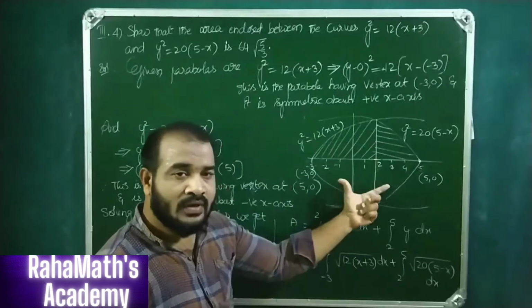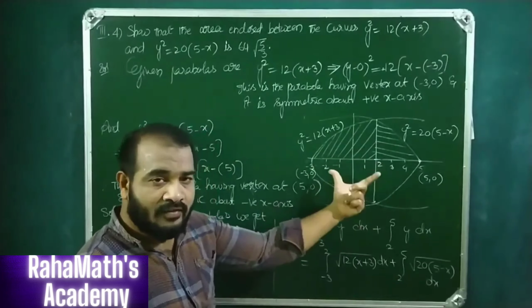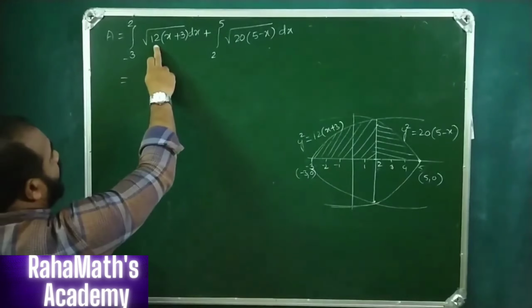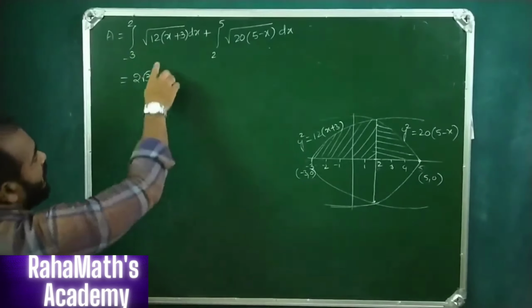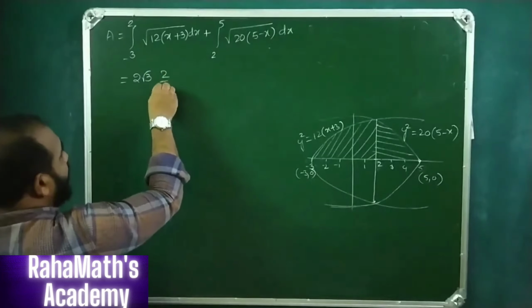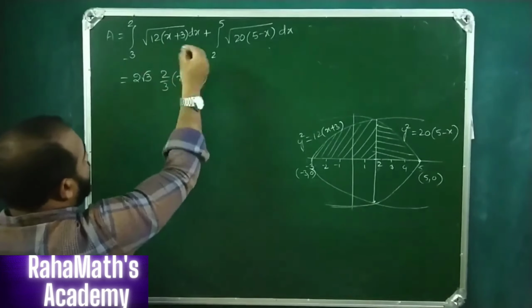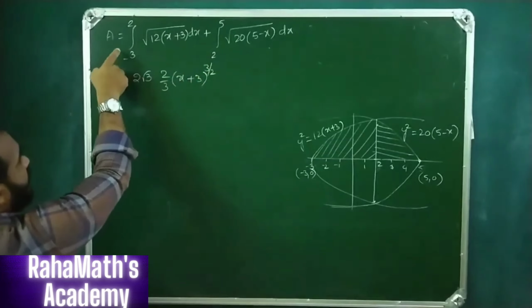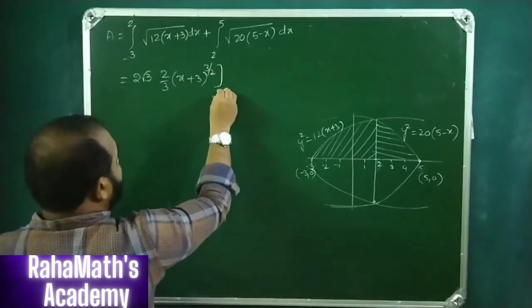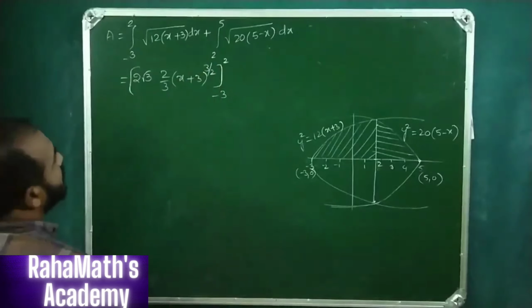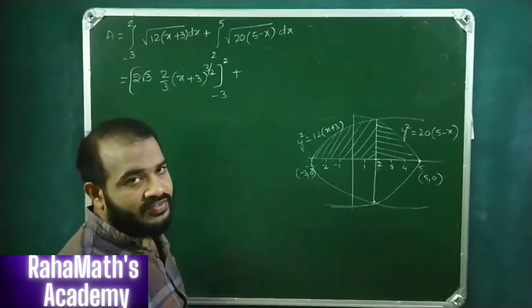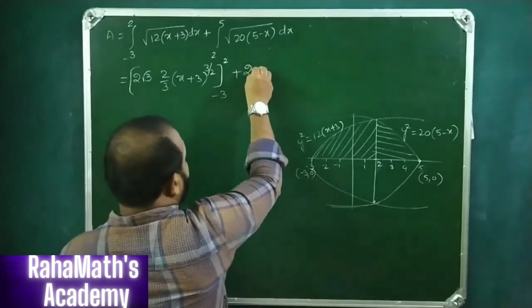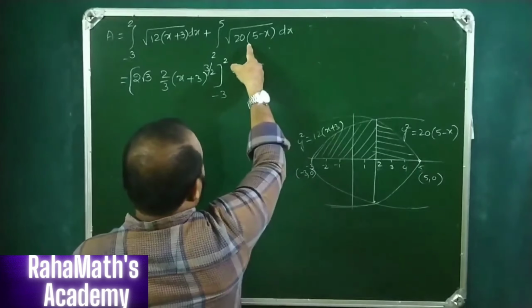If you want this also, the answer we have to multiply with 2. Root 12 is, 4 3s are 12, so 2 root 3 separated from the process of integration. Integral of root x is 2 by 3 x power 3 by 2. So therefore the process of integration is over here, from minus 3 to 2, plus root 20 is, 4 5s are 20, so 2 root 5 into root of 5 minus x.